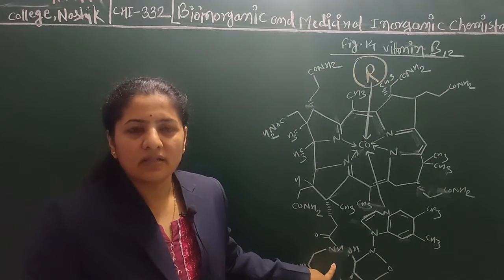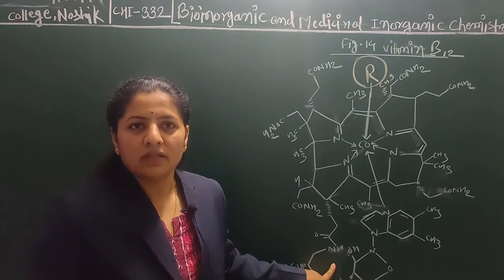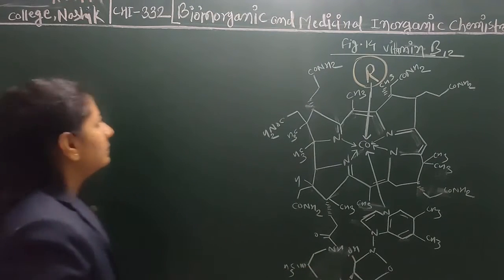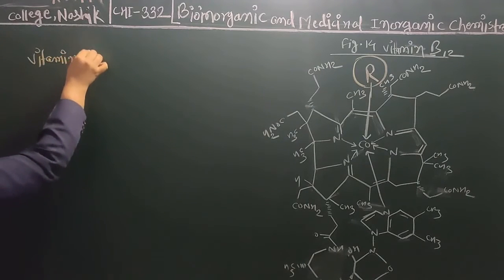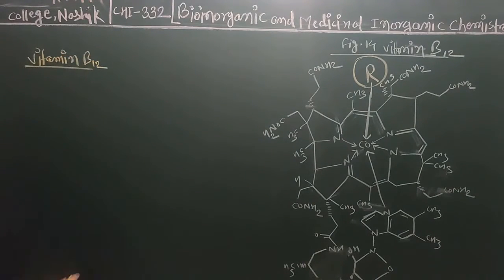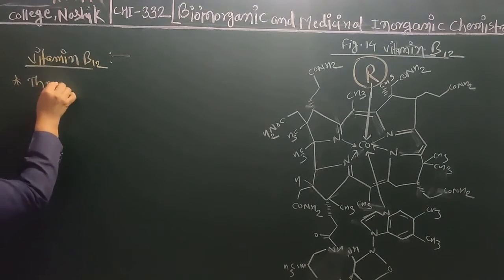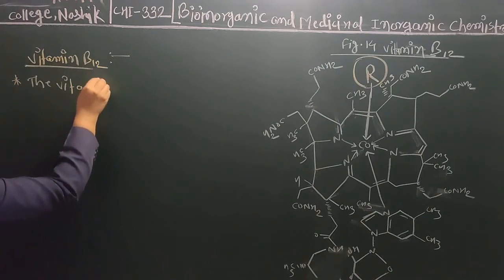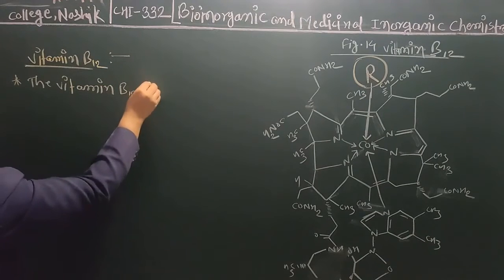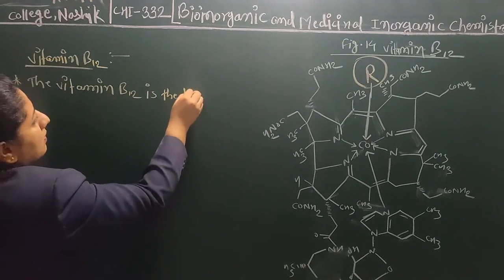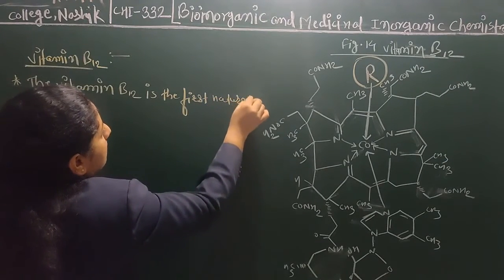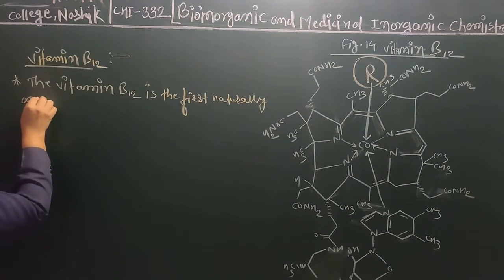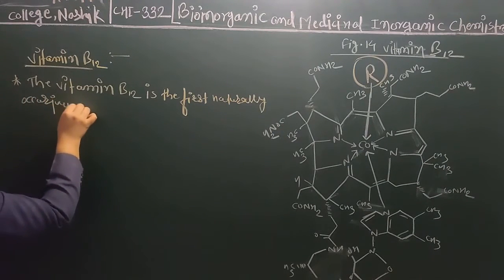Now let's discuss in detail the characteristics of vitamin B12. As we know, vitamin B12 is the first naturally occurring organometallic compound.